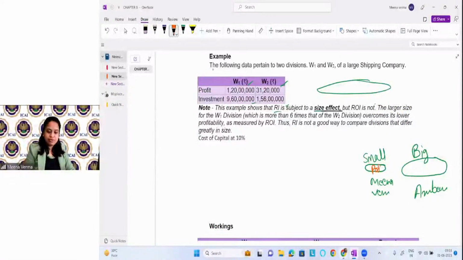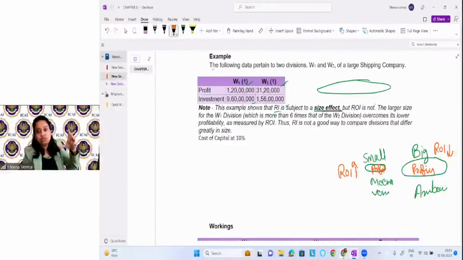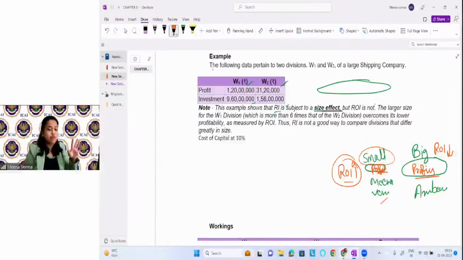Maybe Meena Verma has a high return on investment and maybe Ambani has a low return on investment. This is possible: as compared to investment, their return is less and my return is more. Though my business is small, my return on investment is more than Ambani's return on investment. But obviously, the profitability of Meena Verma will be less as compared to the profitability of Ambani, because it's a big business.